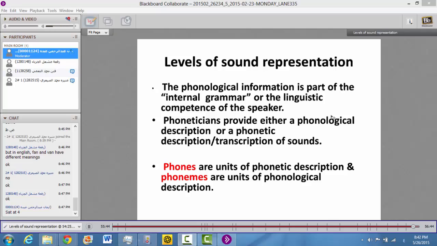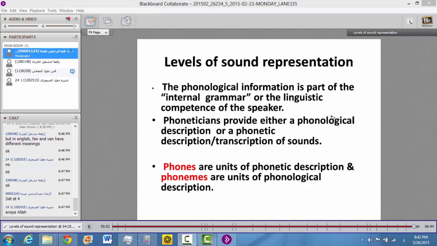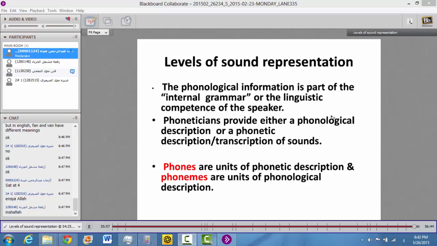Okay, Saturday at 4 o'clock. We'll take our makeup class for the lecture we missed on Wednesday. Do you have any questions concerning anything? Any questions, Rifa, Munira?